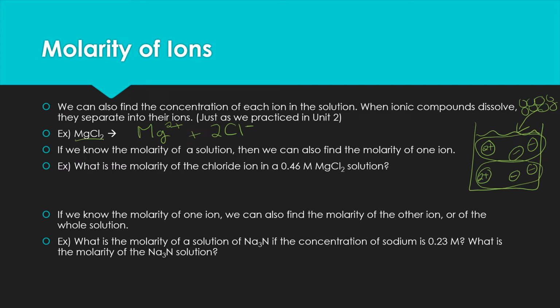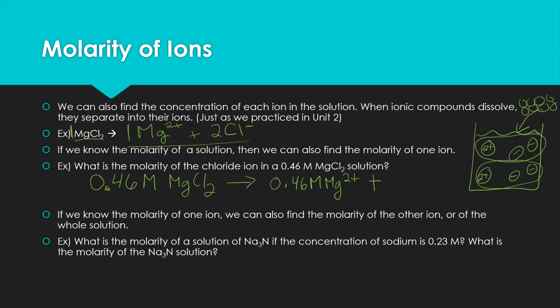So if our chemical has this concentration of 0.46 molar for the whole chemical, we can break it down just like we did up here and say, okay, well, let's use the same ratio. When one magnesium chloride broke down, I got one magnesium. So I would get the same concentration for my magnesium. But when this breaks down, I get twice as much chlorine.